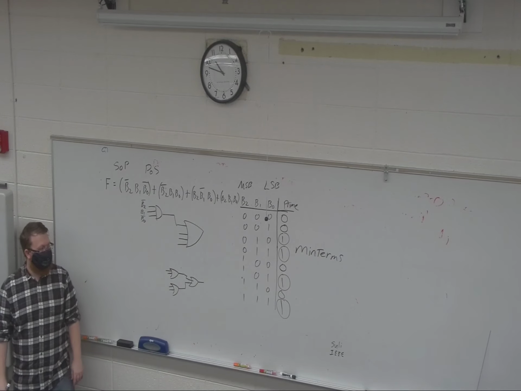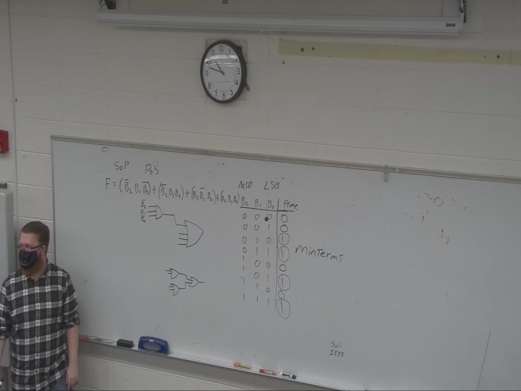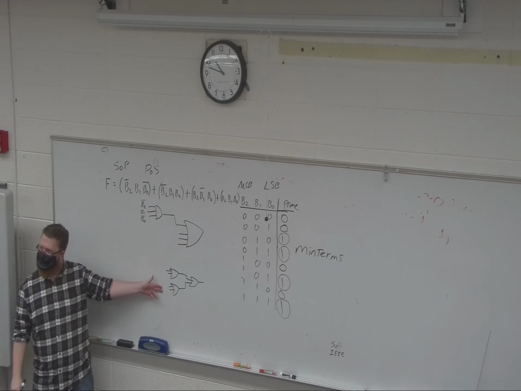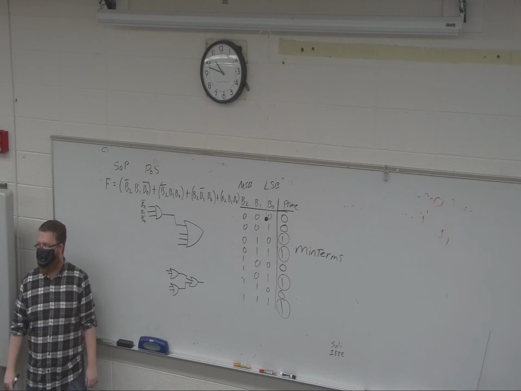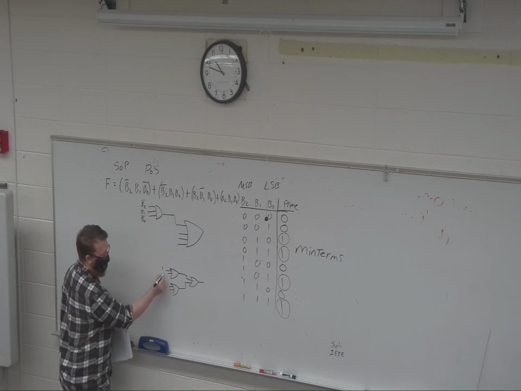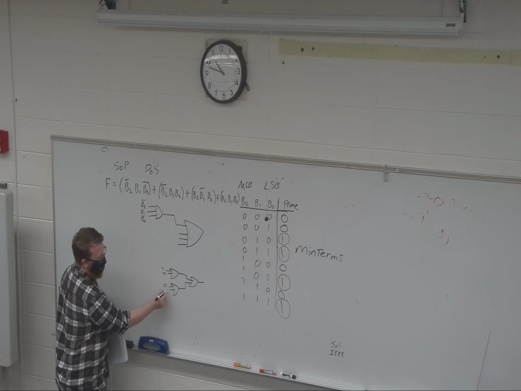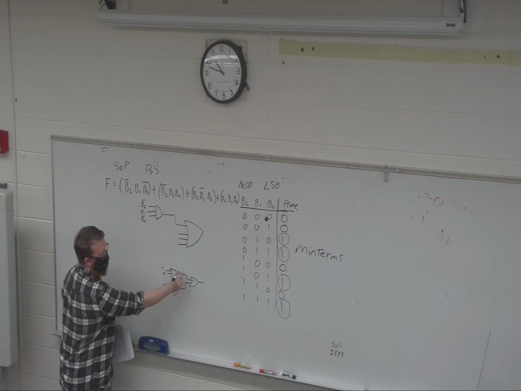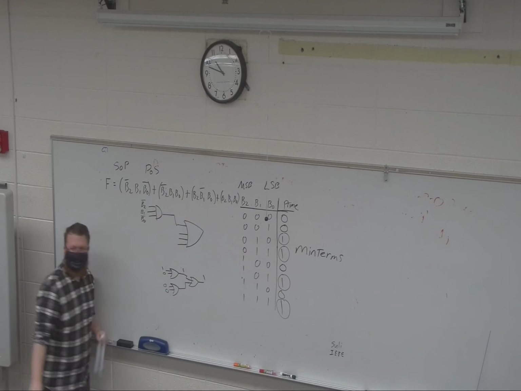Oh, so you can make a 4 input OR gate with other... With 2 input OR gates. Oh, okay. Right, because as long as any one of those is 1, that becomes true, that becomes true, right?